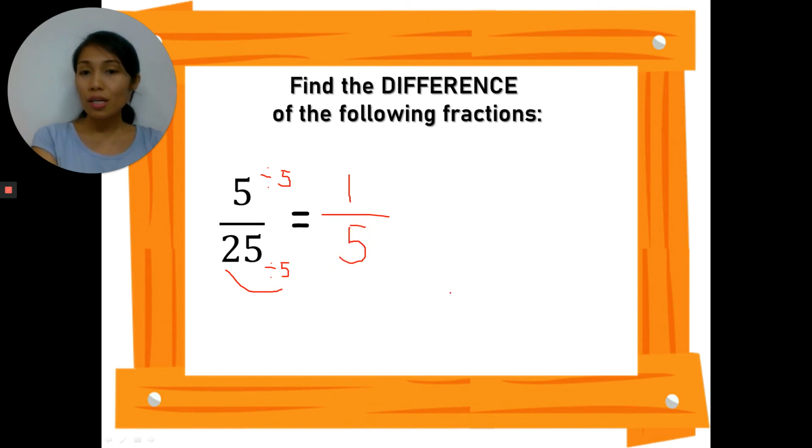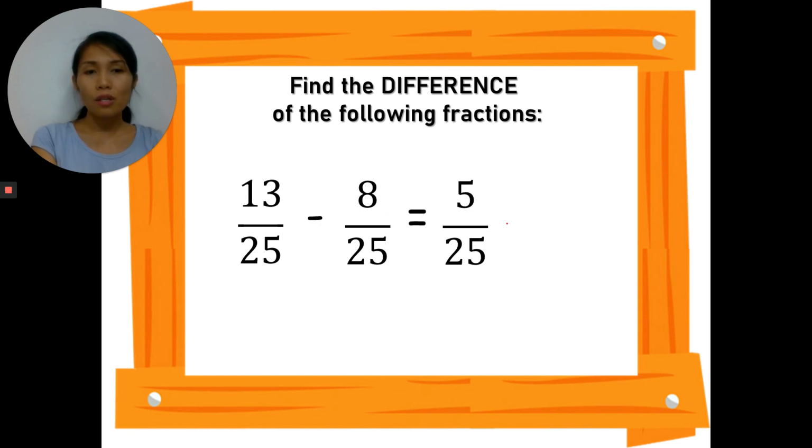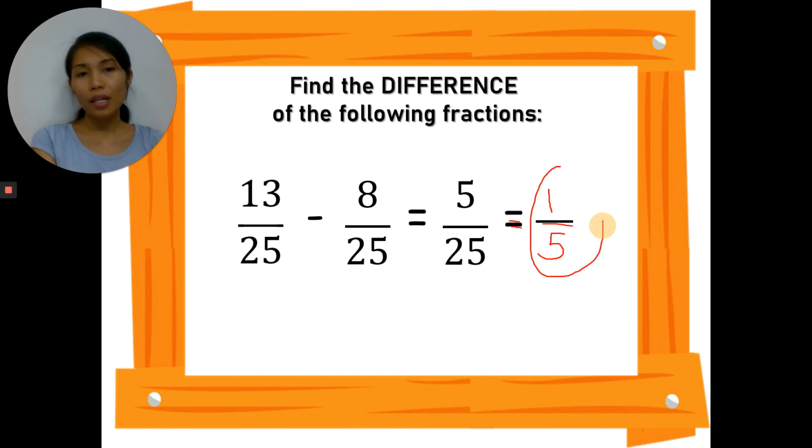So our answer is 1/5. Now 1/5 is already in lowest term since the numerator is already 1. So that means 5/25 is equal to 1/5.